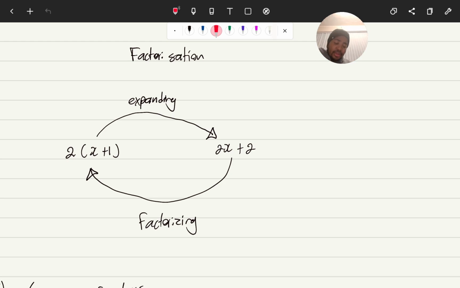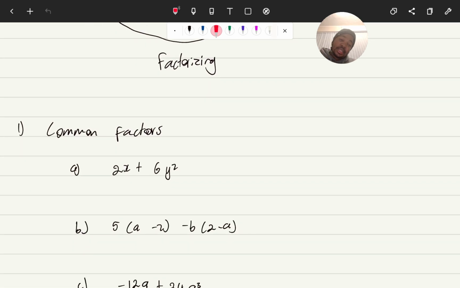One thing I will say for sure is that once you know how to do it mathematically, knowing the definition of factorization won't really matter that much. So let's get started.